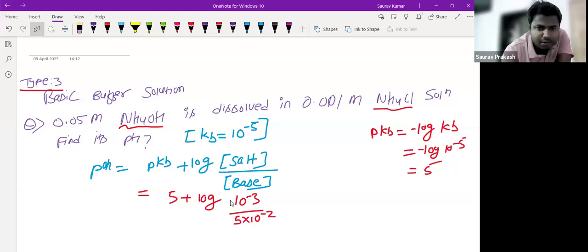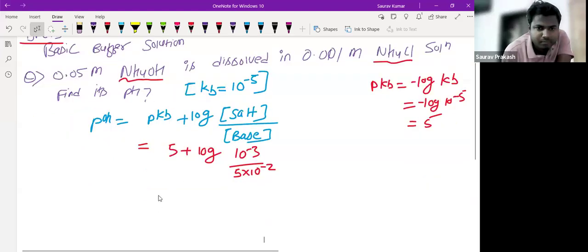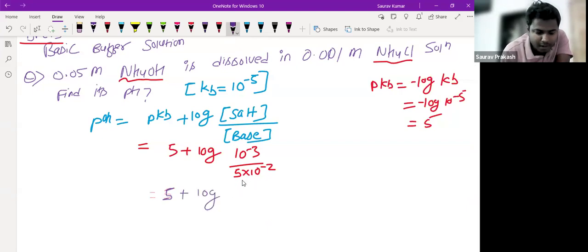So it will become 5 plus log of 1 upon 50, since minus 2 will go up: 10 raised to power minus 3 plus 2 becomes minus 1.